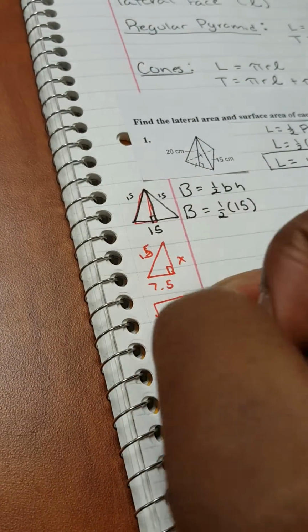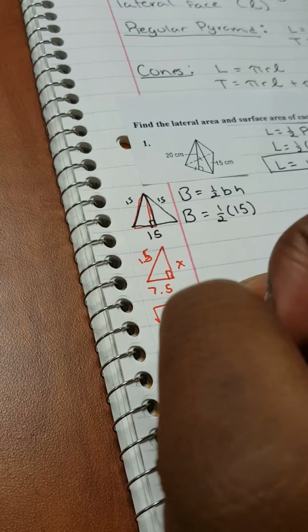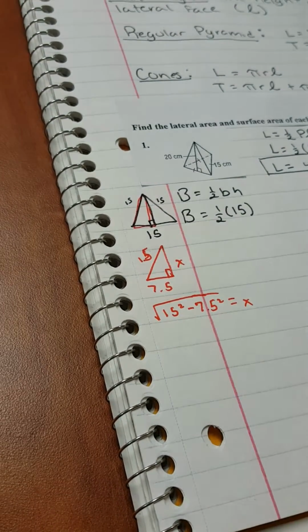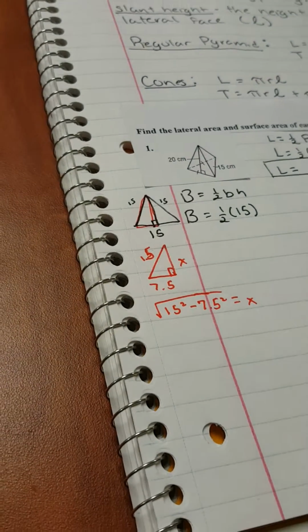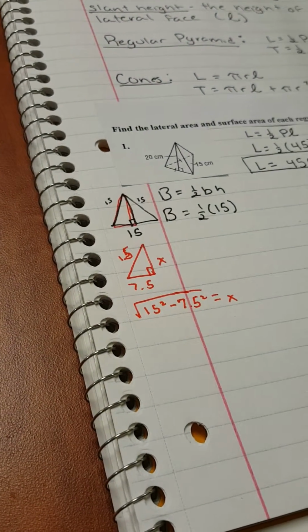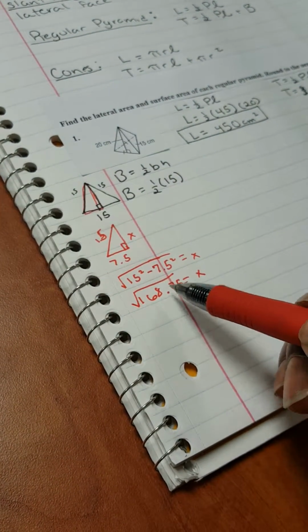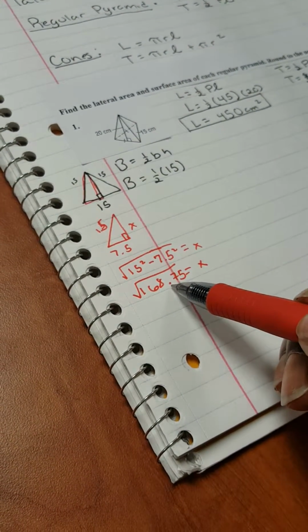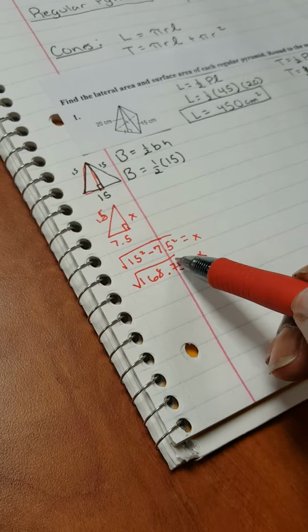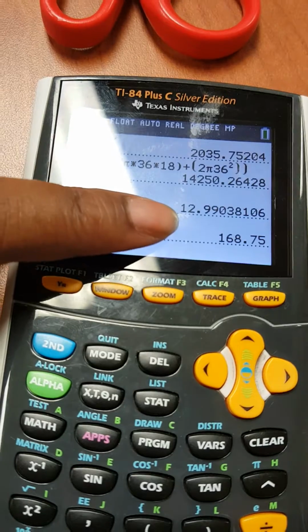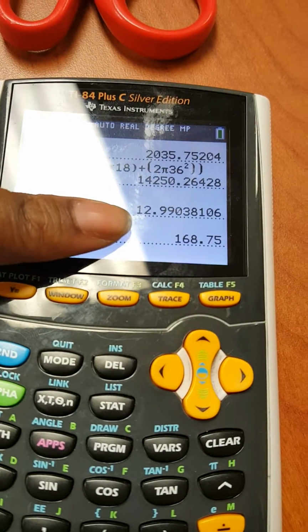So I'm essentially doing 15 squared minus 7.5 squared. Okay, so I'm writing it like this because I didn't want to round. So I did 168.75, the square root of that, because it's going to give me a big long decimal, and I don't want to have to write the big long decimal down.